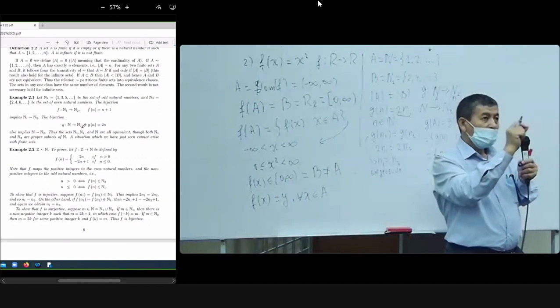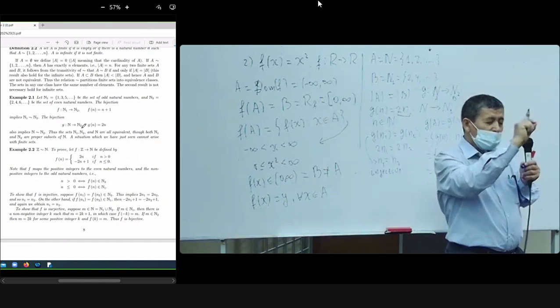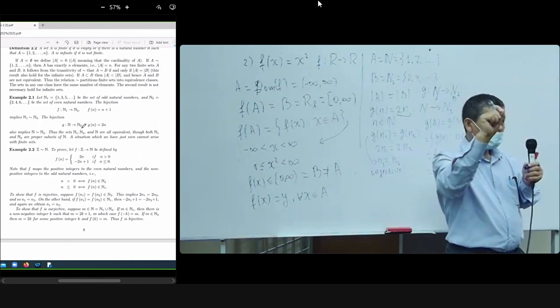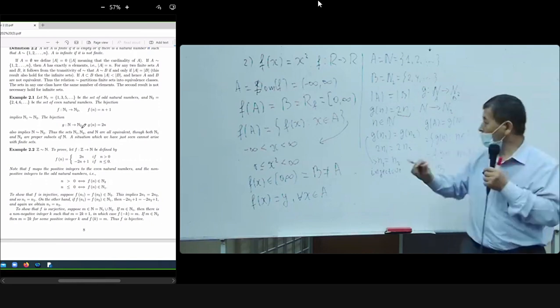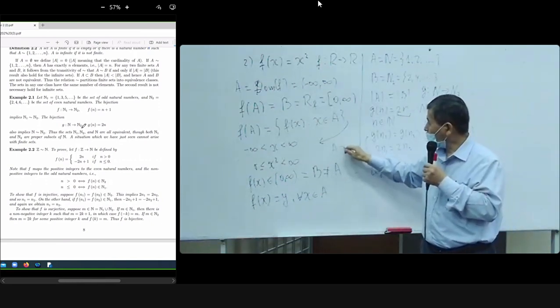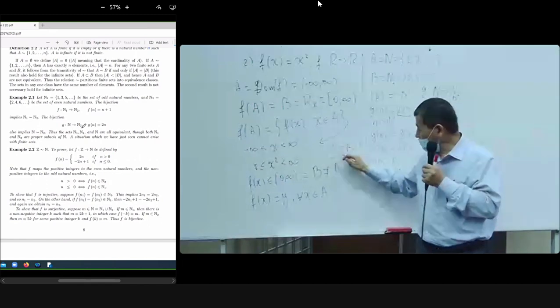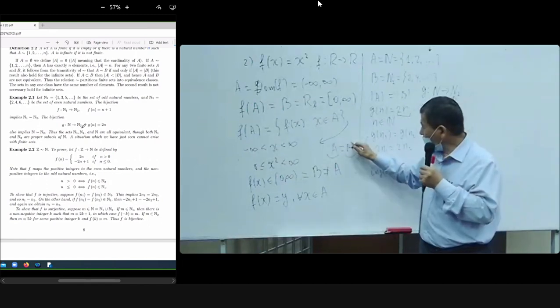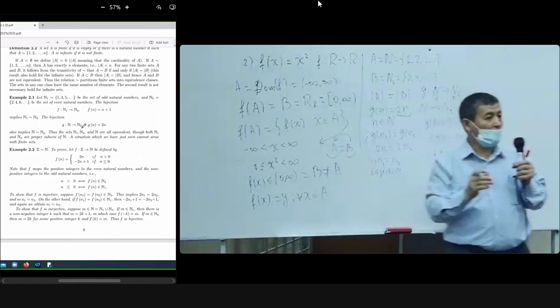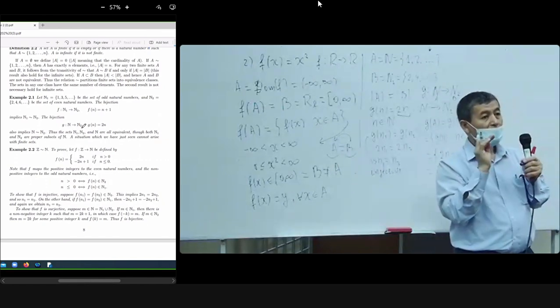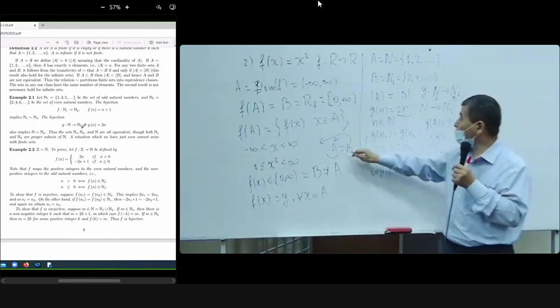So you see, there is a big difference. In calculus, A equal to B, and we say two sets are equal if every element of A is an element of B, and every element of B is an element of A. That one is equality. But here we have equivalence.